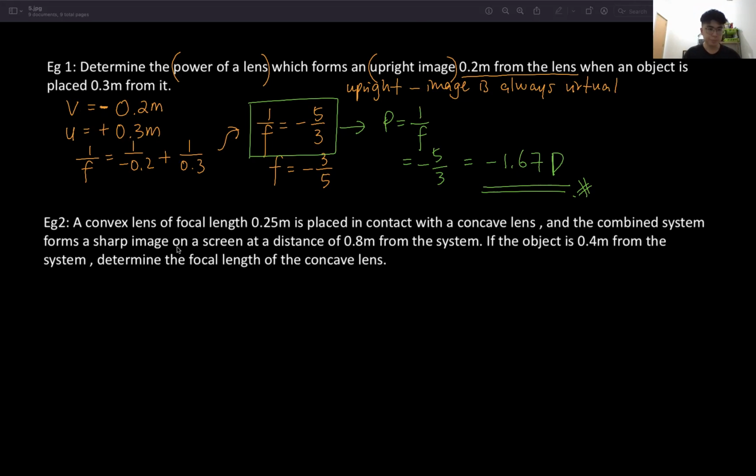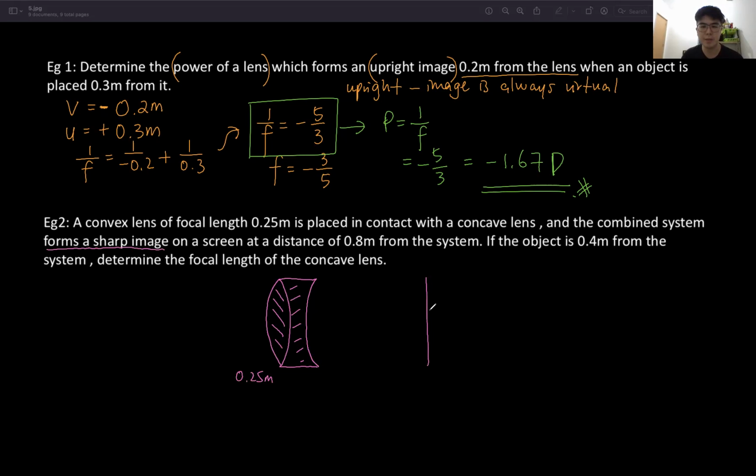Example 2. A convex lens of focal length 0.25 meter is placed in contact with a concave lens. Okay, so basically you have one convex lens combined with a concave lens like this. The focal length of the convex lens is given as 0.25 meter, but the concave we don't know. The combined system forms a sharp image on a screen at a distance of 0.8 meter.